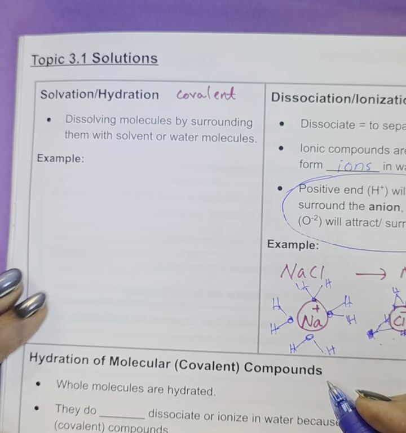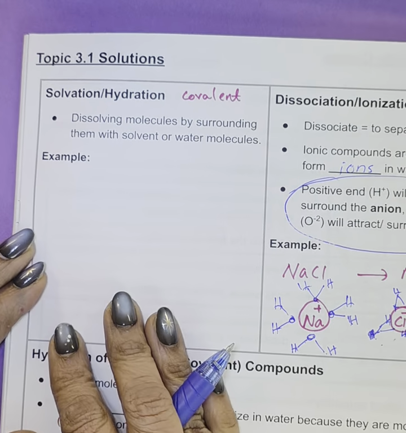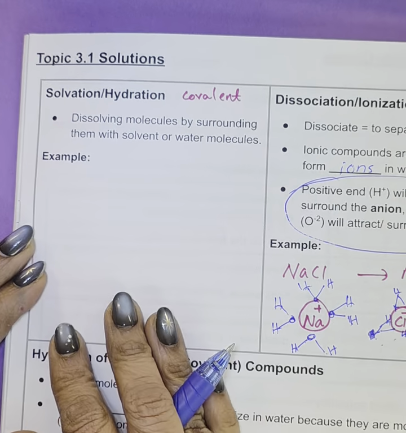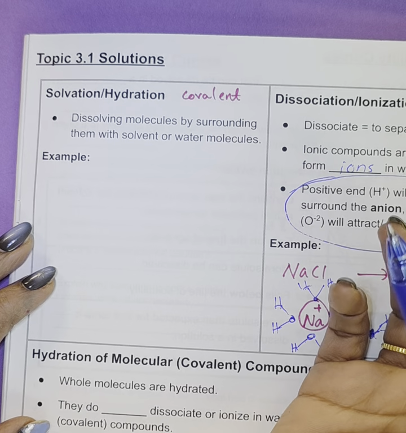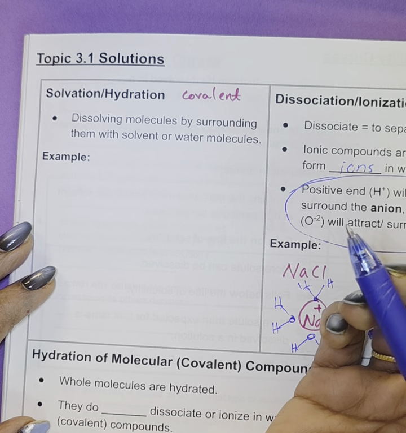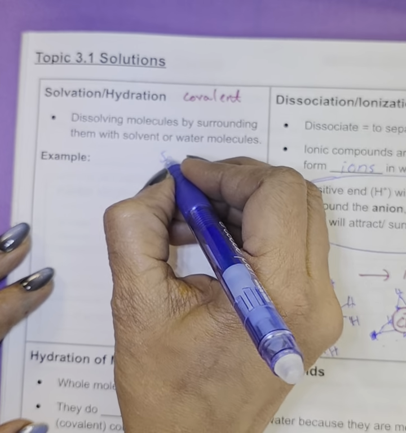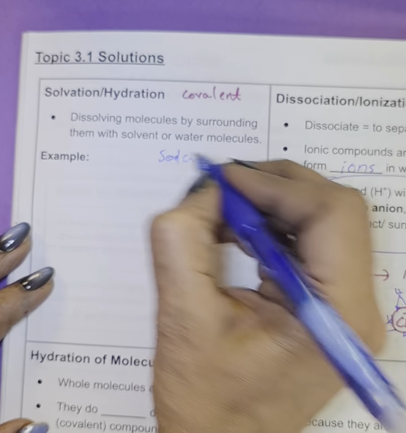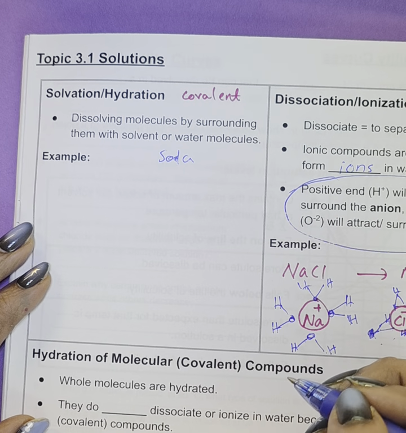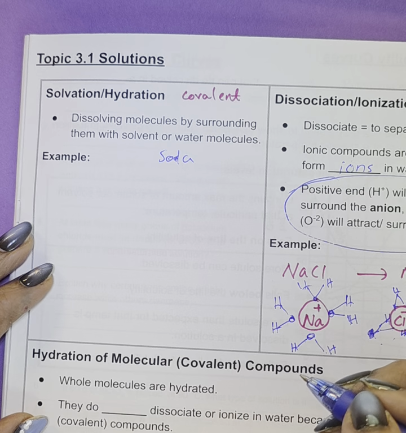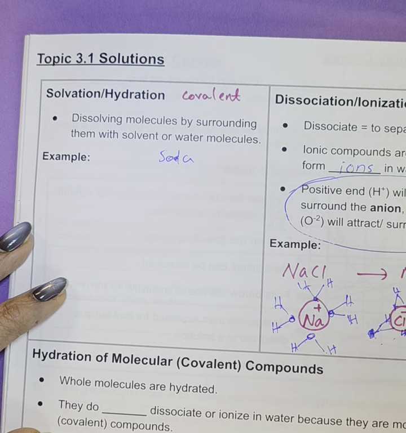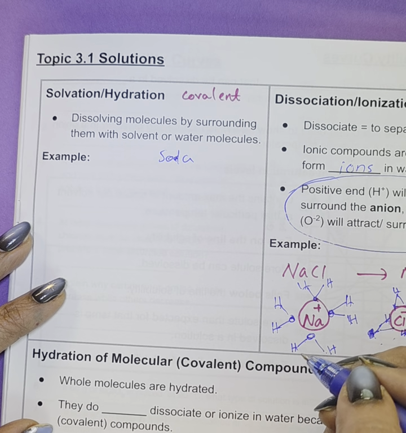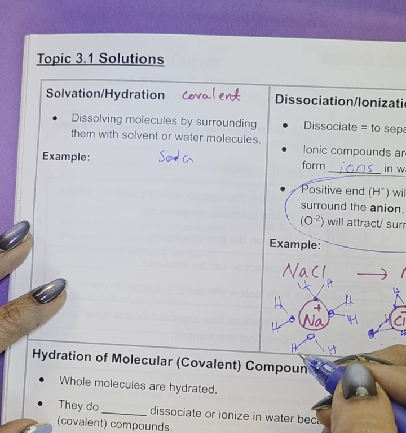Okay, covalent molecule. Give me an example of a covalent molecule which is soluble in water. Club soda, Pepsi, all fizzy drinks. What is the solute in that? Carbon dioxide.